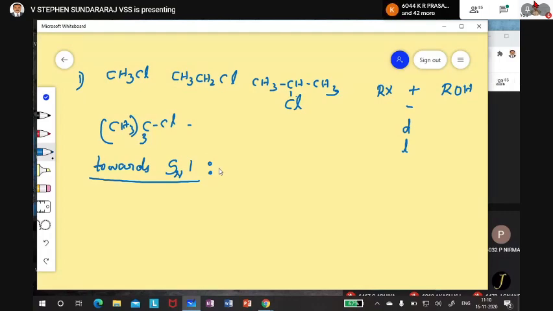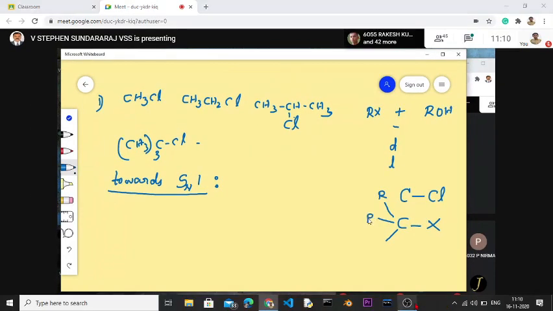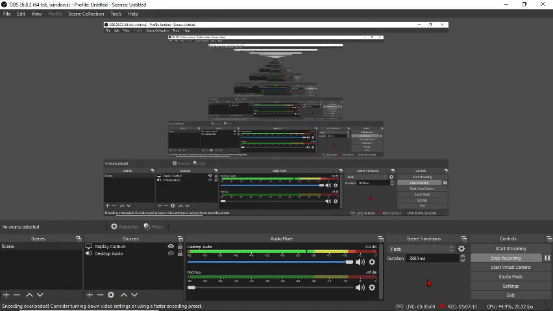Note down the point: the carbon carrying chlorine or bromine, the halogen, that is attached to more alkyl groups. Three alkyl groups means tertiary, two alkyl groups means secondary.